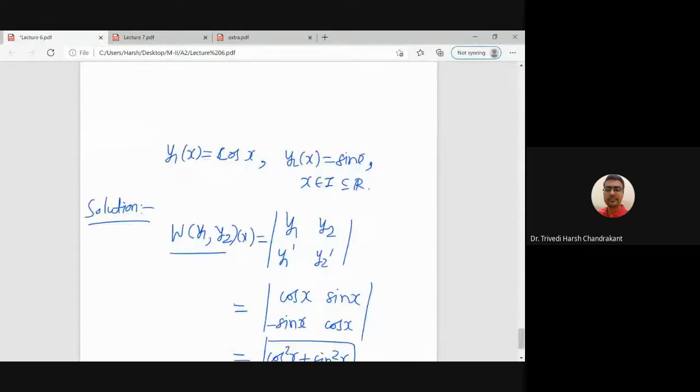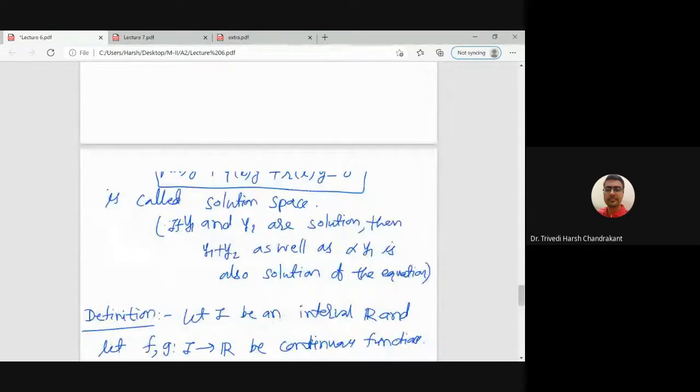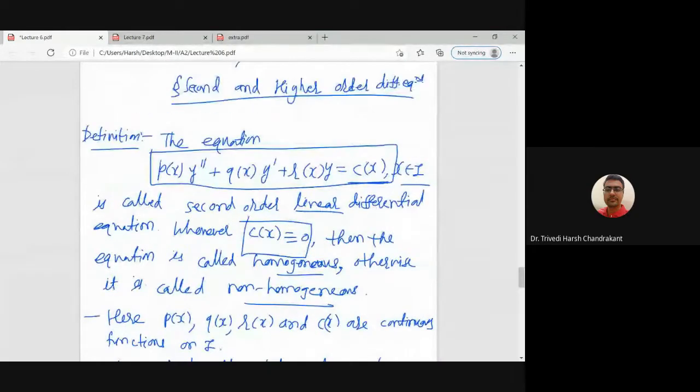So first of all, let us write down the initial value problem, the existence and uniqueness theorem, in the case of second order linear differential equations. Every second order linear differential equation has this particular form, but whenever p(x) is non-zero, we can divide this equation by p(x). p(x) is the coefficient of y double dash.